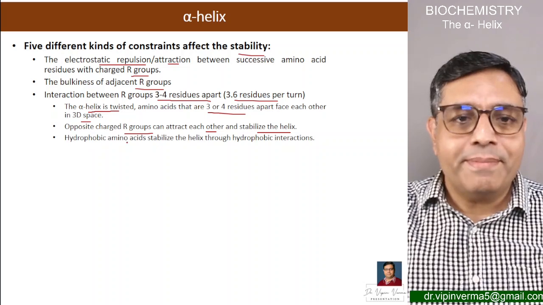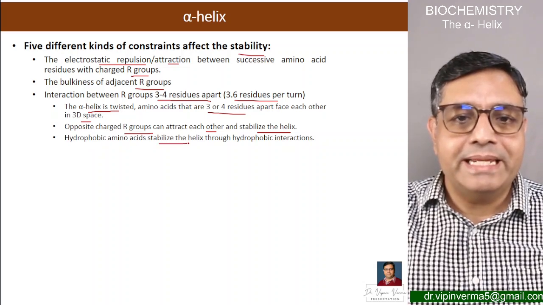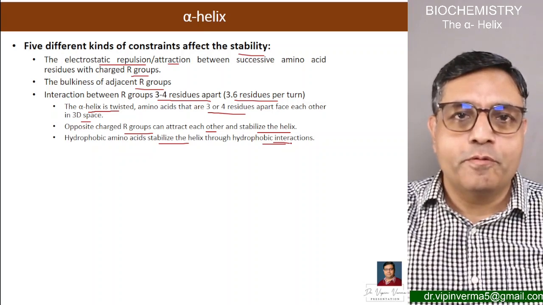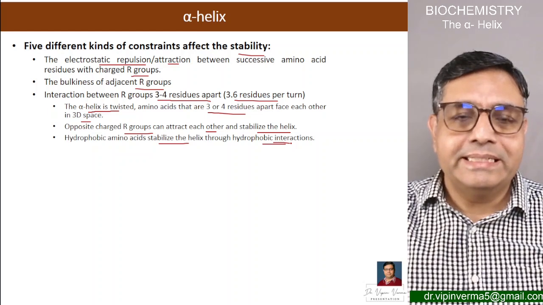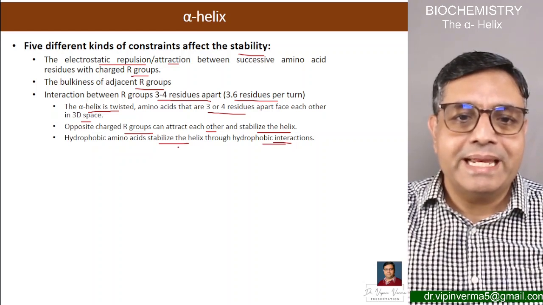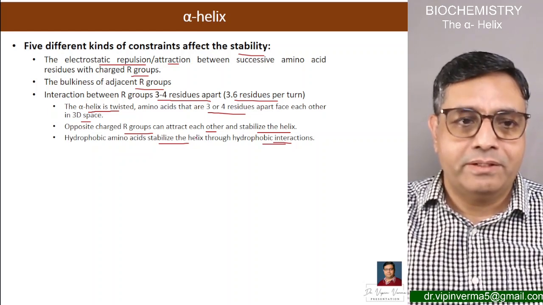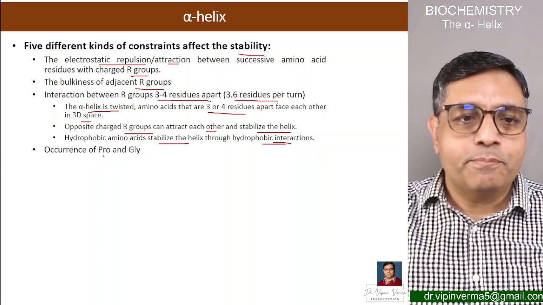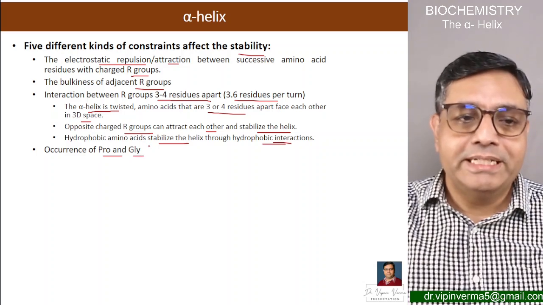So hydrophobic amino acids stabilize the helix through hydrophobic interactions. You know these hydrophobic amino acids do hydrophobic packing, and these interactions stabilize the helix. They are usually found in the interior. Okay. Now another factor is the occurrence of proline and glycine, which we have already discussed.